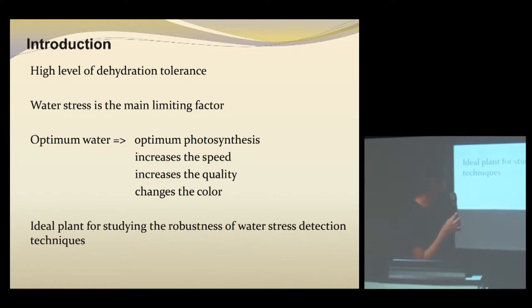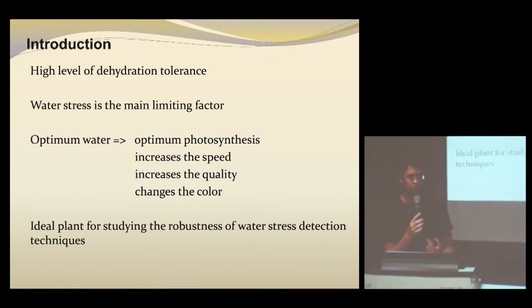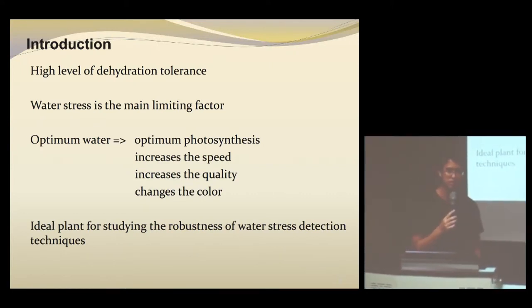So why did they decide to take the Tsunago moss? It's because the moss has a high level of dehydration tolerance, and water stress is the main limiting factor, because water stress decides the speed, the quality, and the color of the moss.